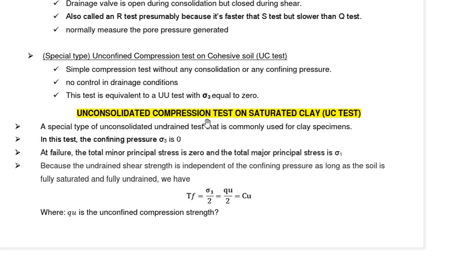So in this test also, we shear yung soil natin very quickly and assume that there is no drainage. So this test is equivalent to a UU test with sigma 3 equal to 0. So, yung special test natin, yung sigma 3 natin is 0.